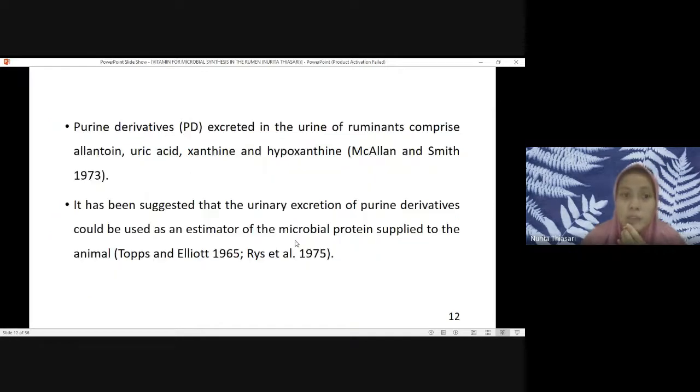So next I would like to explain a little about the purine derivative. Purine derivatives excreted in the urine of ruminants comprise allantoin, uric acid, xanthine, and hypoxanthine. It has been suggested that the urinary excretion of purine derivatives could be used as an estimator of the microbial protein supplied to the animal.